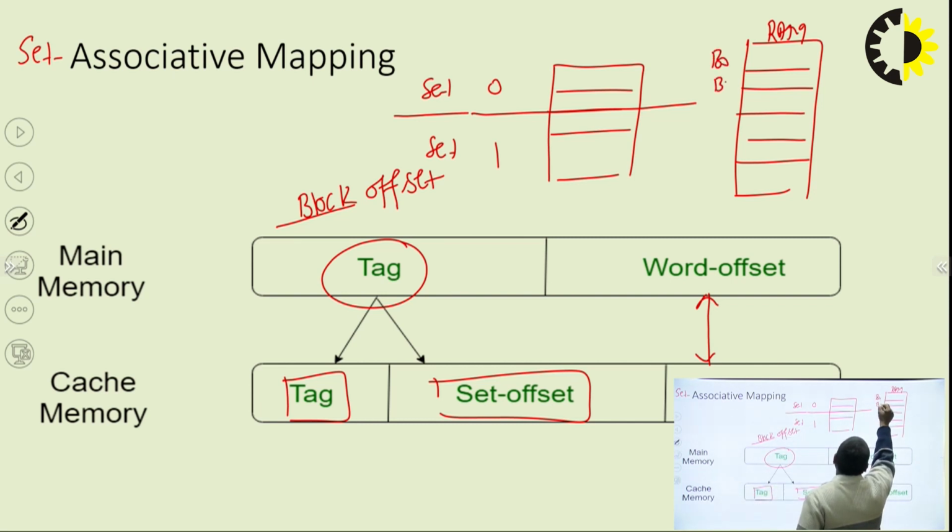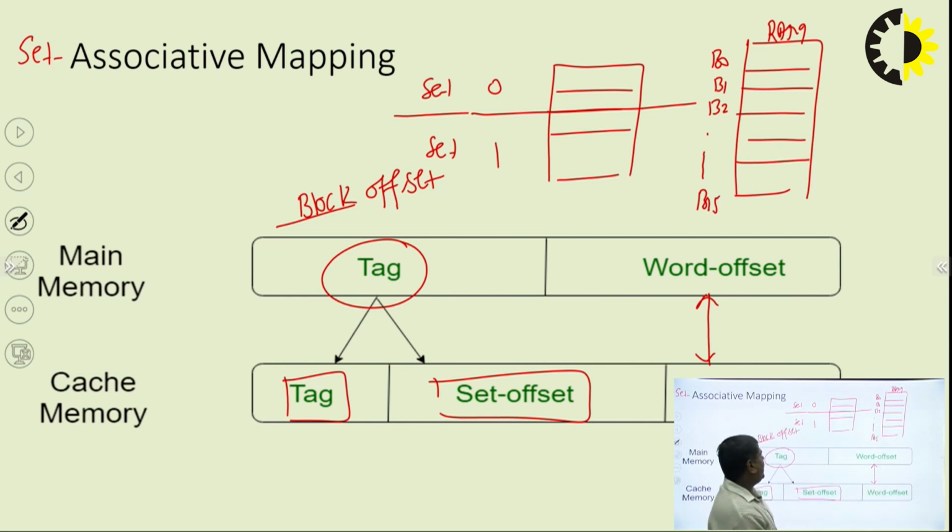This is an example of the number of blocks in the RAM, and here is the simple example B0, B1, B2 and B3. The 16 blocks can be accumulated into 4 blocks.